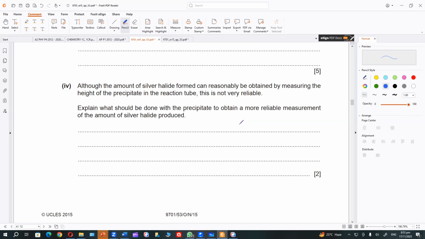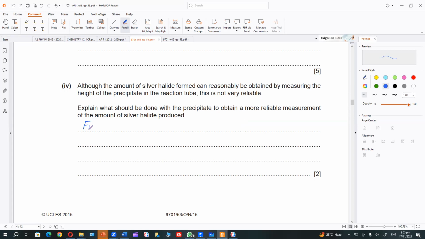So if the height is not very reliable, we can filter the precipitate using a funnel and filter paper. We remove the liquid and take out the precipitate. We should dry it and then weigh it.